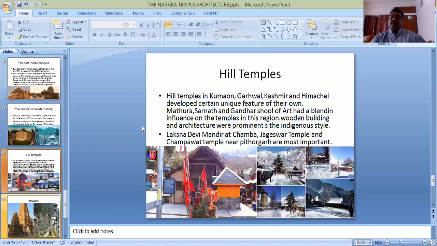After that, different types of temple architecture originated in different regions, that is Central India, Western India, East India, and the hill areas, also quite known to us as Nagara style temple architecture.